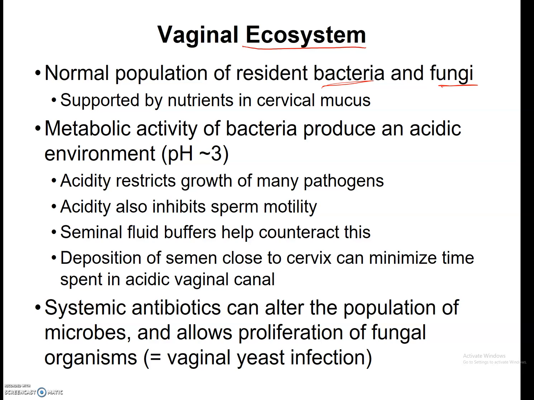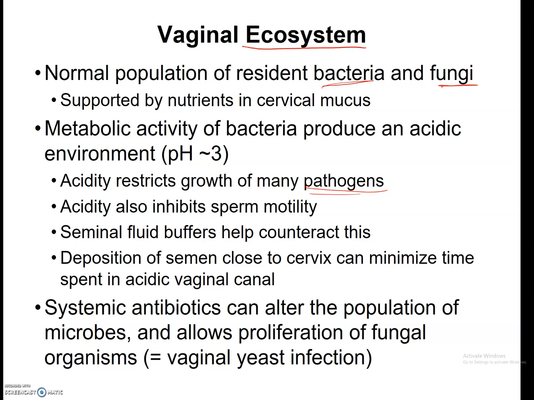These are your probiotics that help restrict the growth of other pathogens that might get into the vaginal opening. If you think about swimming in a lake or a river, other pathogens like protists or other fungi or bacteria might be able to enter the vaginal canal. Well, lucky for us, those resident bacteria help keep us healthy and safe from that.